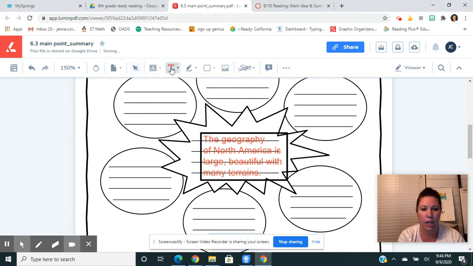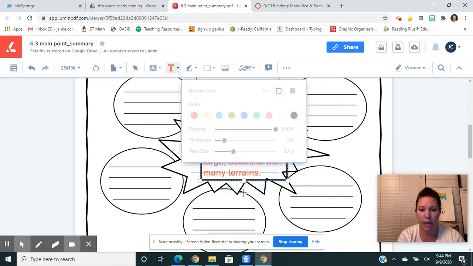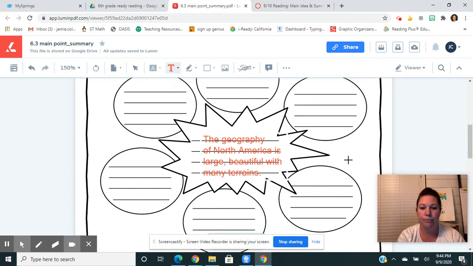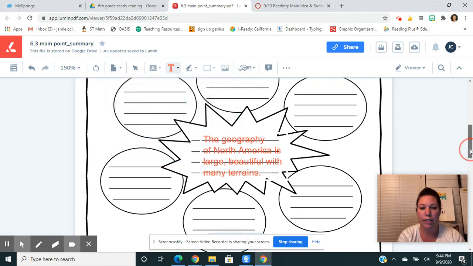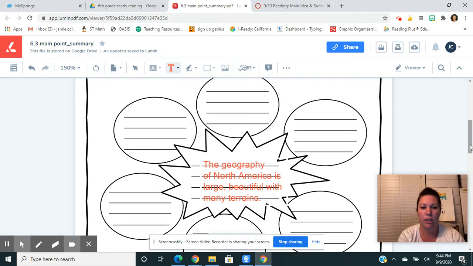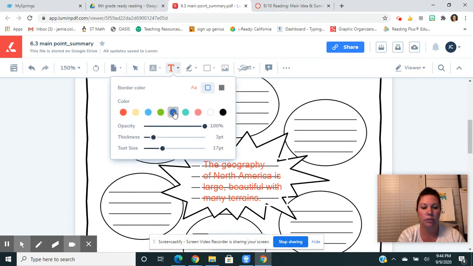So I'm going to change my color. I like to change this too because I feel like it can be kind of distracting. Let's go to blue now to represent the details. I'm going to start over here and put one of those subtitles. So I'll put physical. Oh, it stayed red. Hold on, let me try again. But I chose blue.